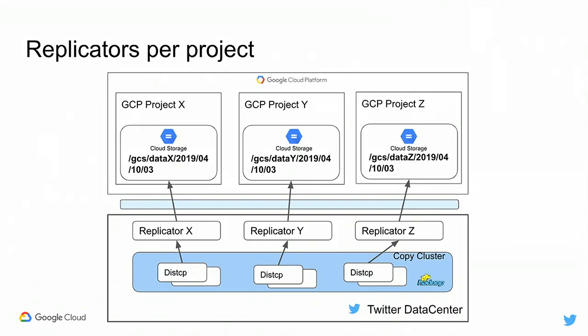Essentially, on GCP we have different projects per organization. We took advantage of that and said, okay, we'll deploy different replicators per project, and these replicators are going to use separate service account credentials and so on. All the data owned by a particular organization will be replicated by that replicator.